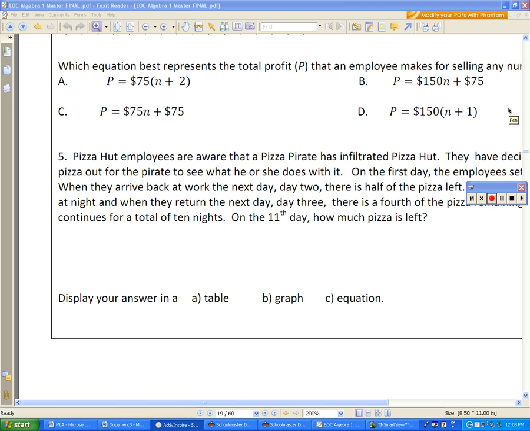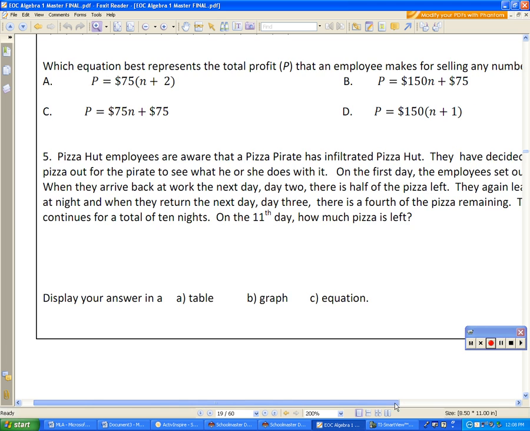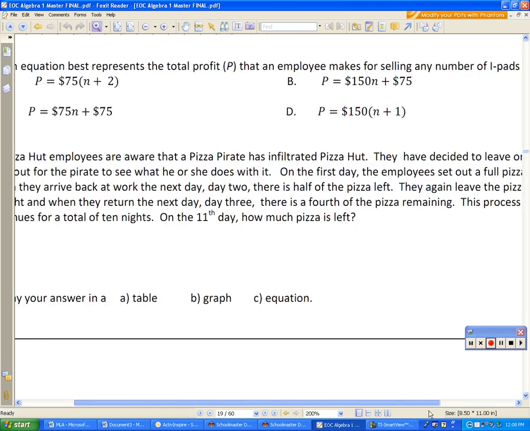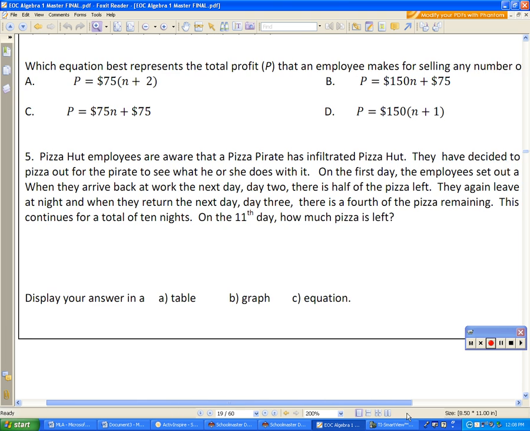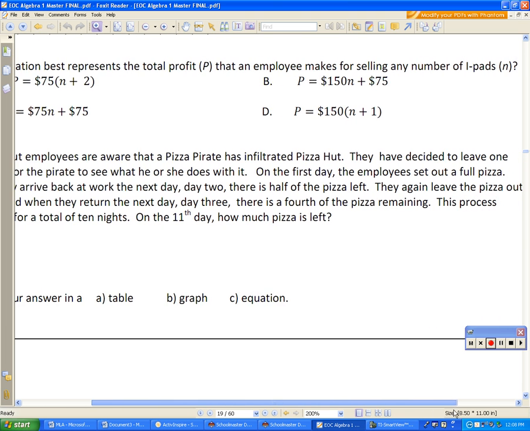All right. Let's take a look at another one here. All right, so this one says, Pizza Hut employees are aware that a pizza pirate has infiltrated Pizza Hut. They have decided to leave one pizza out for the pirate to see what he or she does with it.